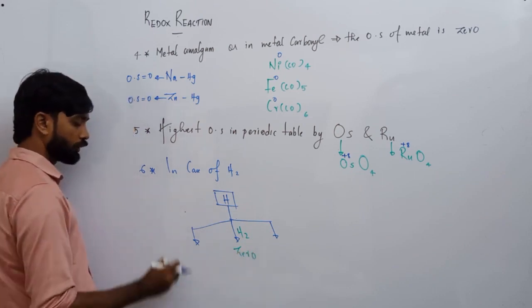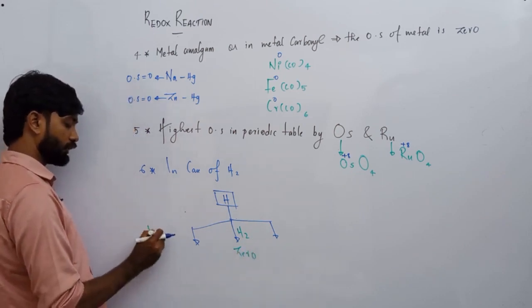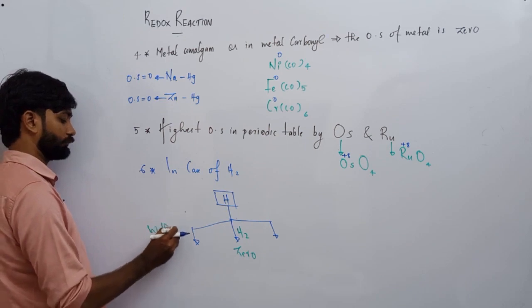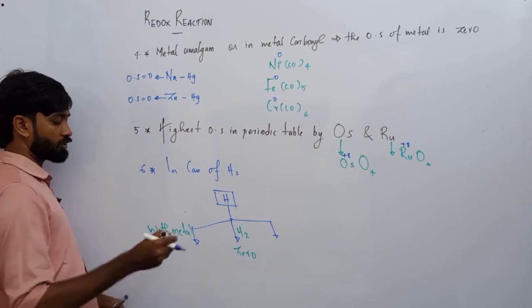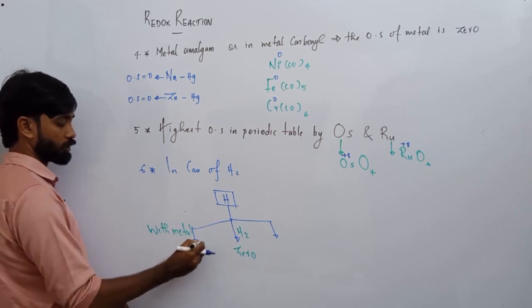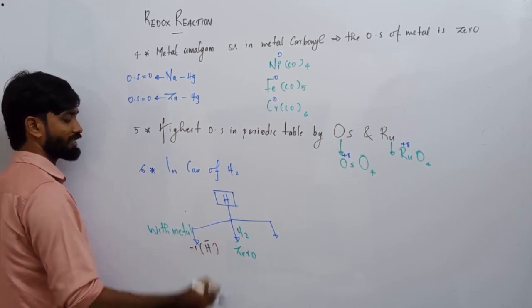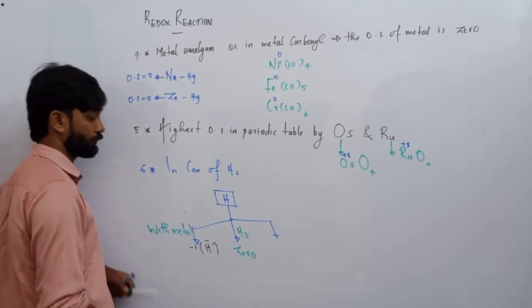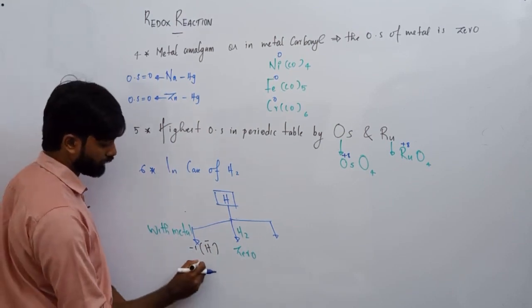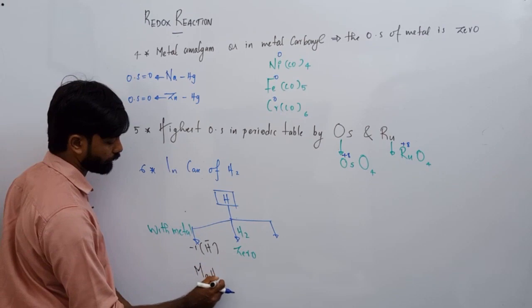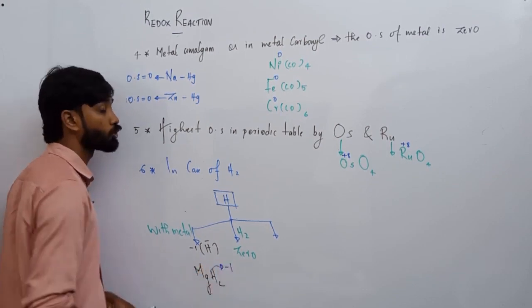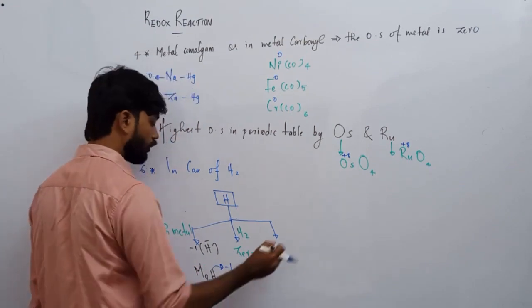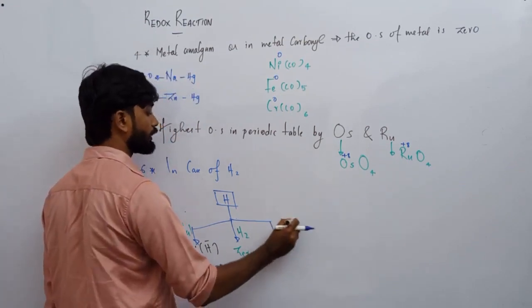But if hydrogen is combined with a metal, then the oxidation state of hydrogen will be -1. That means it exists as H minus, the hydride ion. For example, in magnesium hydride, MgH2, the oxidation state of hydrogen should be -1.